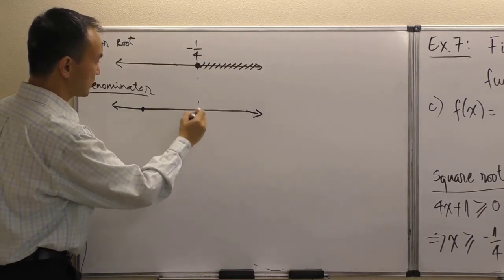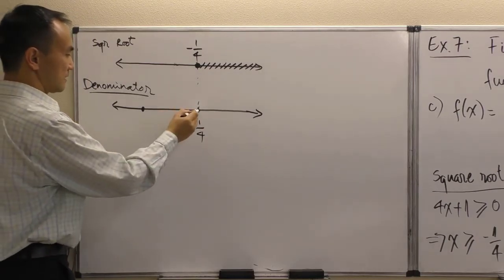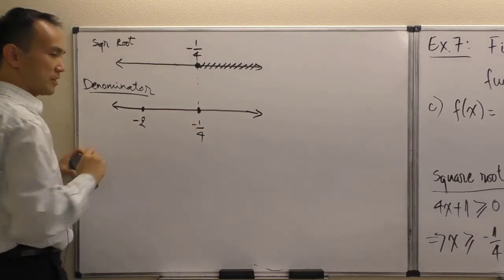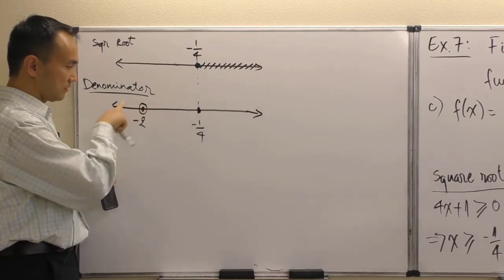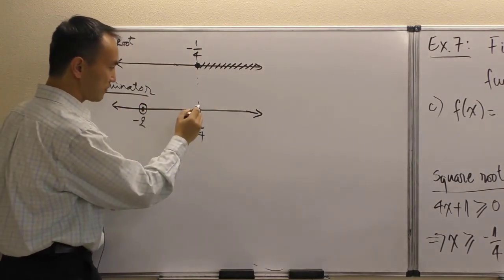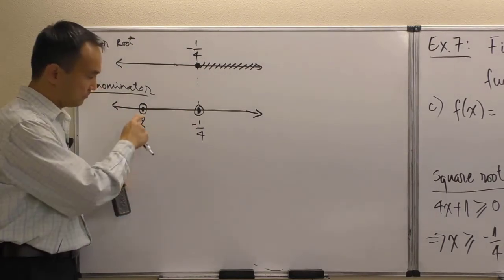So -1/4 is also here, and then -2 is here. We have spotted that these two are on this line. The -2 and the -1/4 are both bad for the denominator.